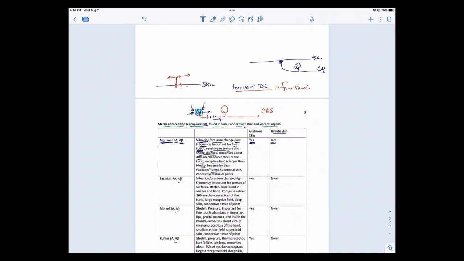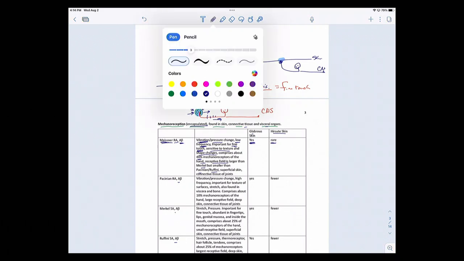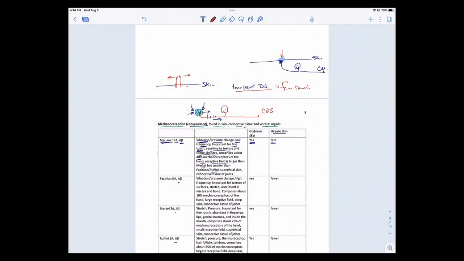Let's just say the receptor field is right there. If I touch you here, that is within the receptor field, therefore that neuron is going to respond. But if I touch you here, that is beyond the receptor field, so you're not going to feel anything if that's the only neuron in town.